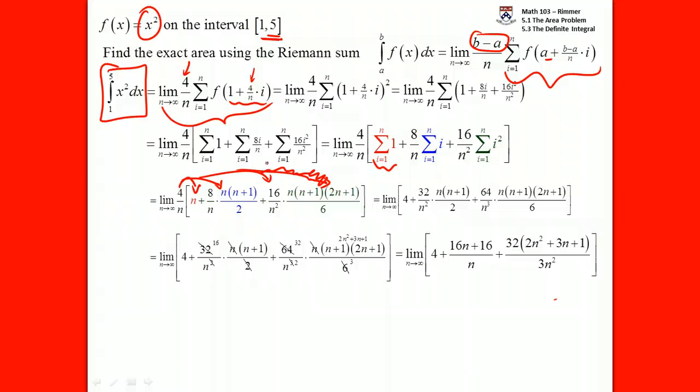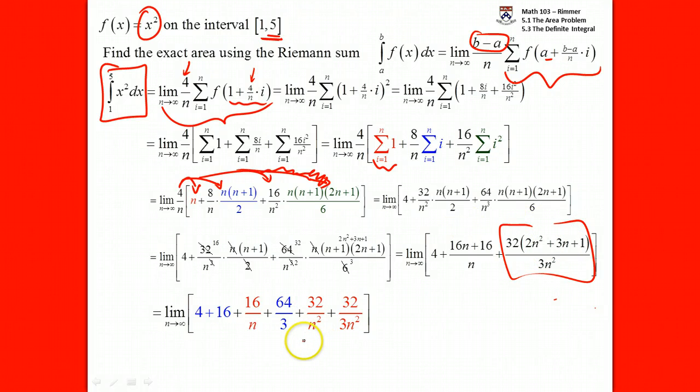In the end, you want to get some fractions, so if I divide everything by n squared over here, I get these 3 terms. I divide everything by n, I get these 2 terms, and I still have this 4 floating around.